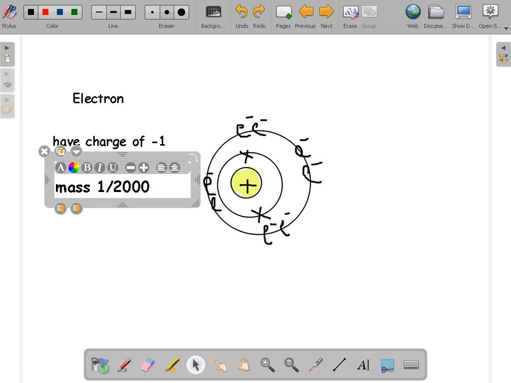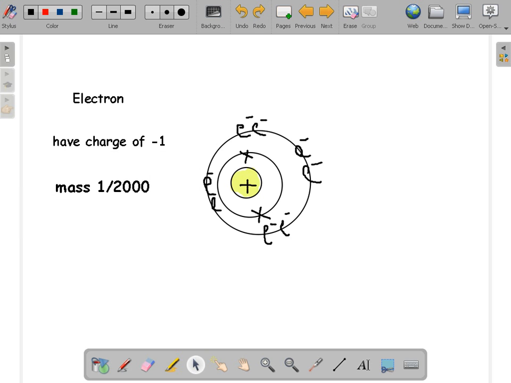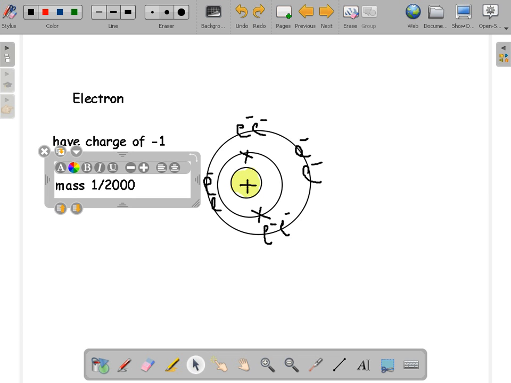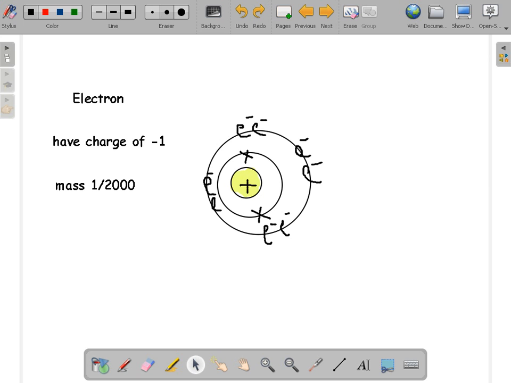For the purpose of GCSE students, it is thought to be 1/2000 the mass of a proton or neutron. This is immensely small, so we usually just ignore it. So we have electrons in the shells, which have a negative charge, which is really important, and a mass which is really tiny, so you can just ignore it. This is our basic structure of an atom.